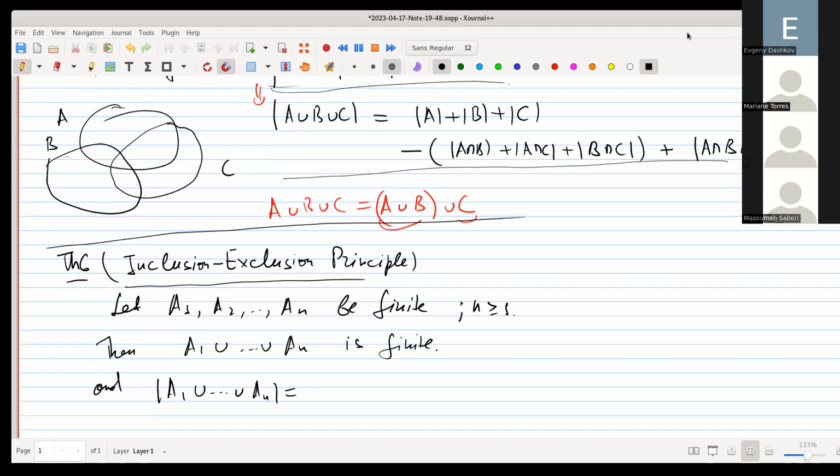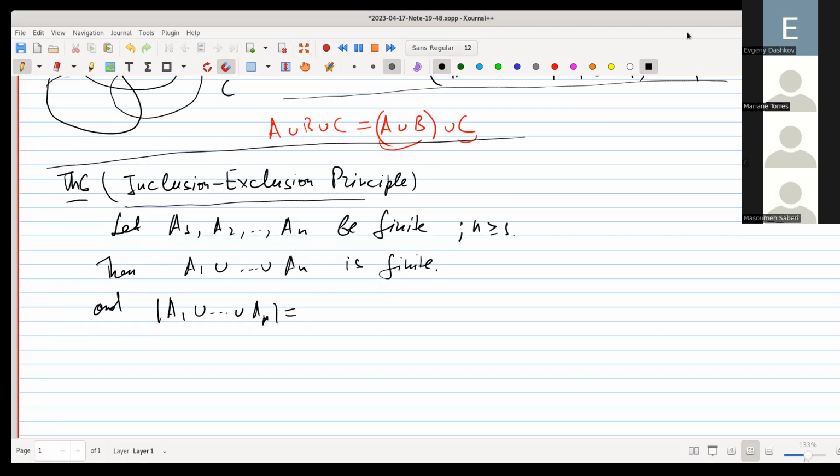And moreover, we have an interesting formula for the cardinality of this union. How many elements do we have? Basically, first of all, it is the sum of all cardinalities of our sets. Then all pairwise intersection cardinalities are subtracted.